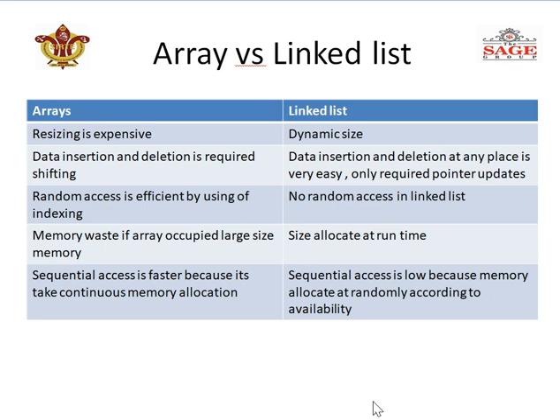That means our access rate is low, because memory is allocated in different places, randomly allocated. So you have to travel from one pointer to the next pointer, so it is a little bit time consuming.